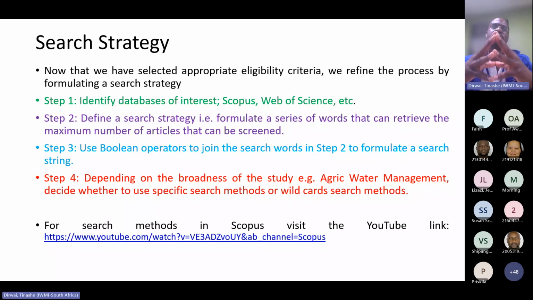All right. So what we essentially did with the PICO, PICOS, SPIDER frameworks, we've essentially formulated a series of words that we can join using Boolean operators to retrieve the maximum number of articles that can be screened. So now the evidence part is coming out.